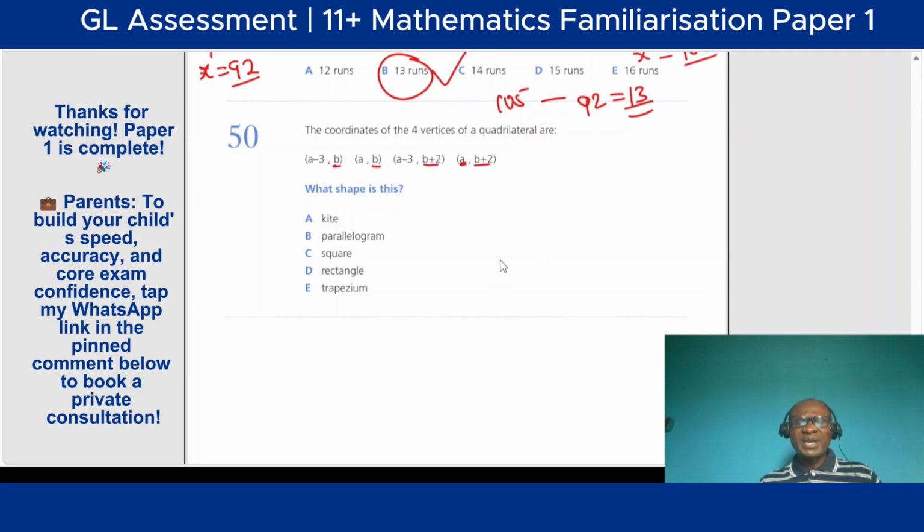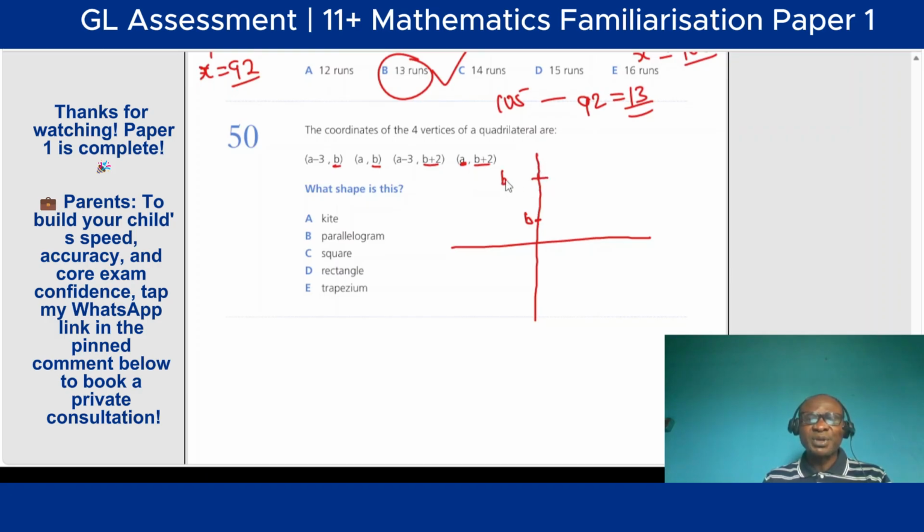So in that case, assuming that we have the coordinate points like this, and since that is b, b is at one point on the y-axis. And b plus 2 will be on the increasing order.